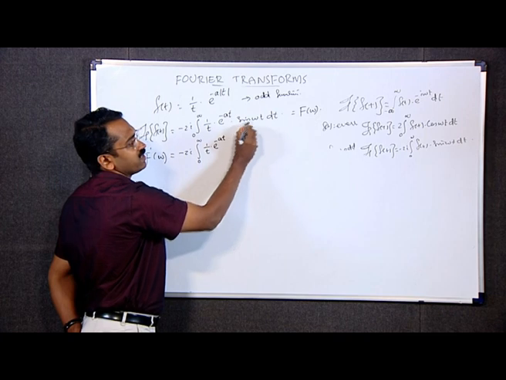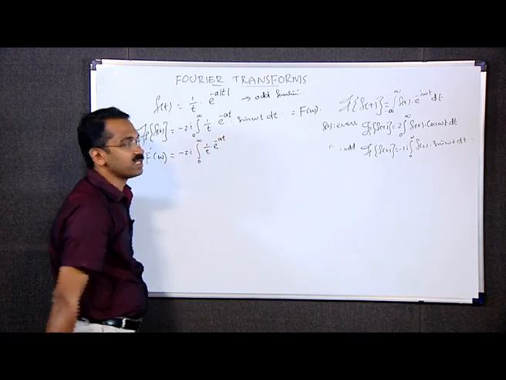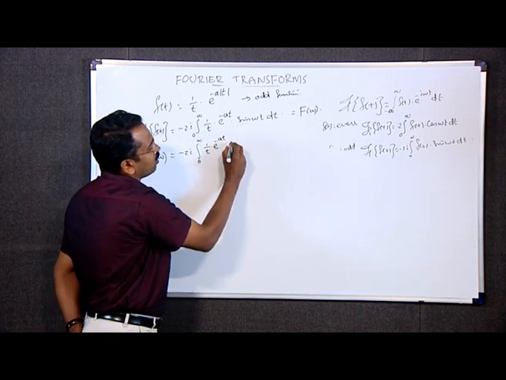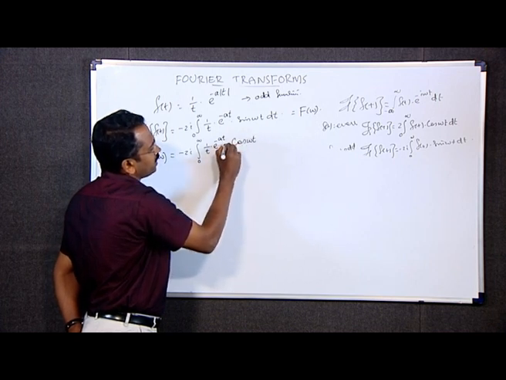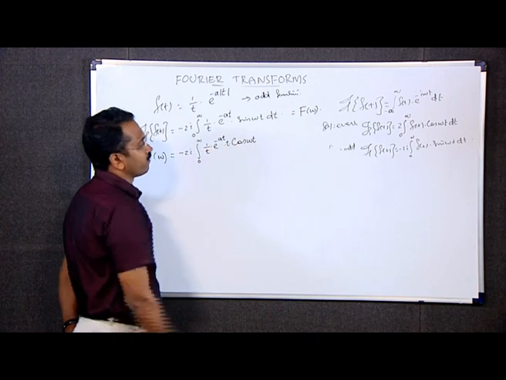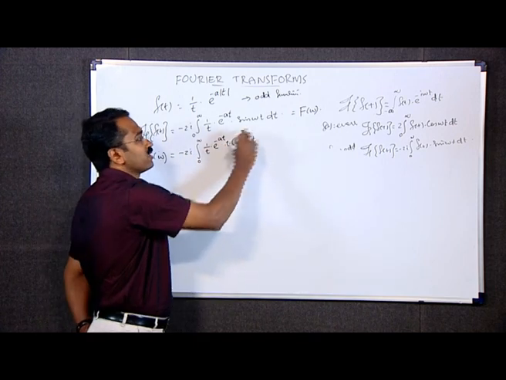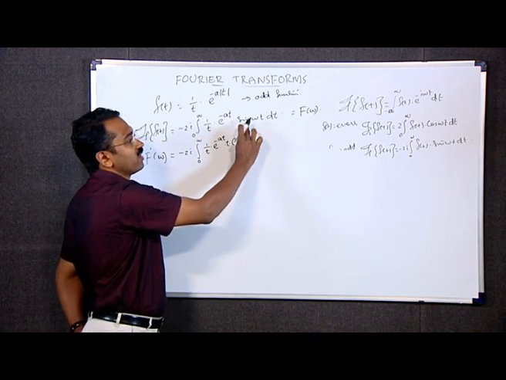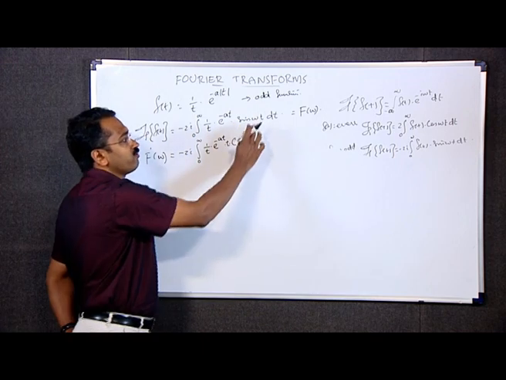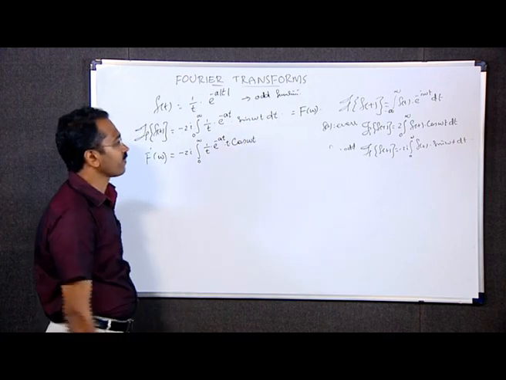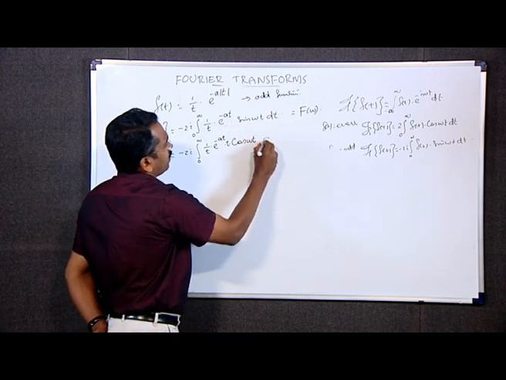Here the derivative of sin omega t is cos omega t into t, because the differentiation is with respect to omega, the derivative is cos omega t into the coefficient of omega, which is t, dt.